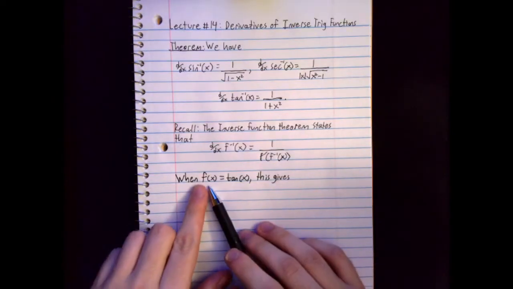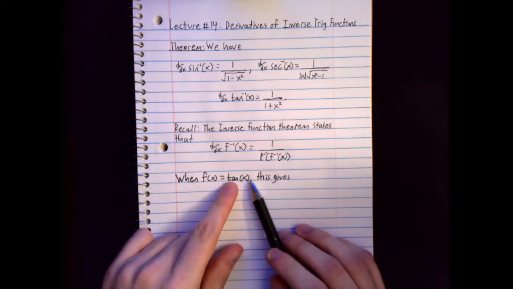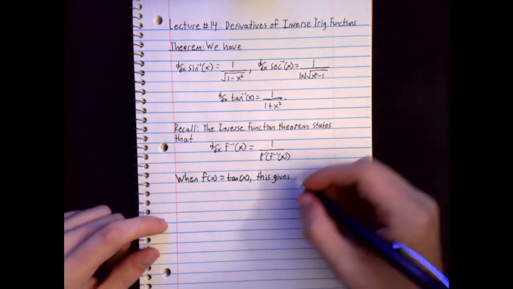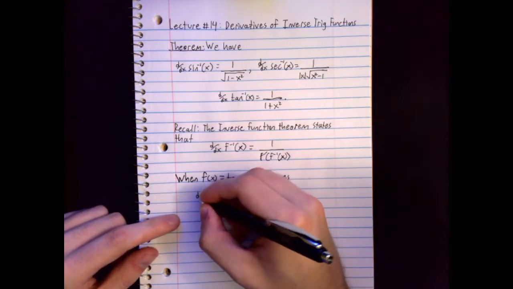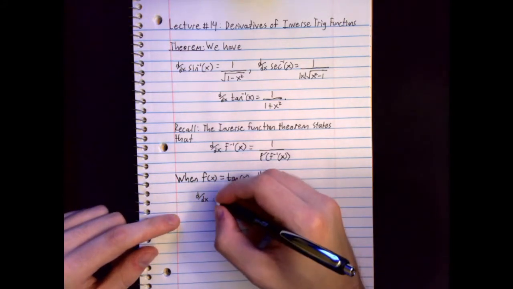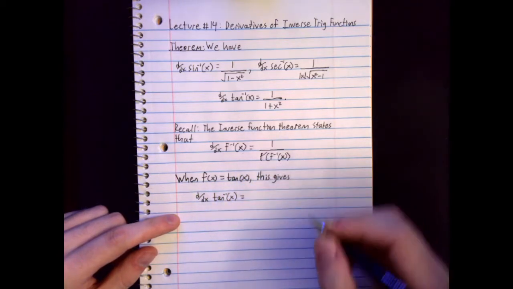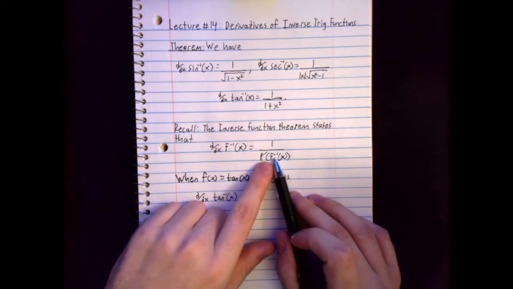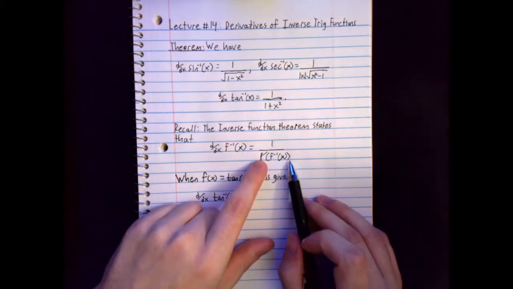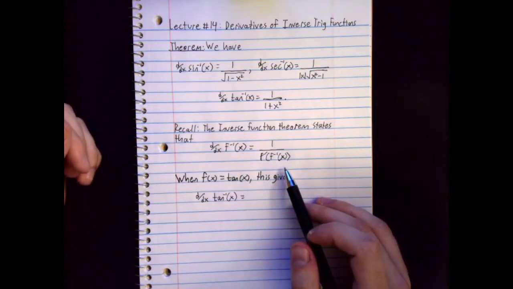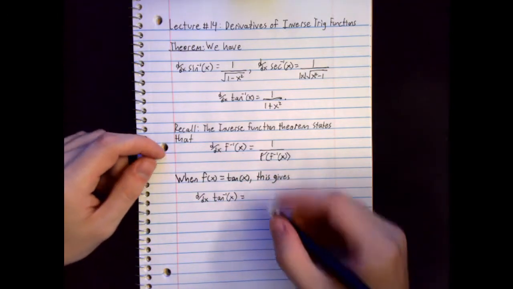So when f of x is equal to tangent of x, the inverse function theorem is going to give the following. The derivative of the inverse tangent function is equal to, well, f inverse of x is just tangent inverse of x, and then we need f prime of x, but we know that the derivative of tangent is secant squared of x.